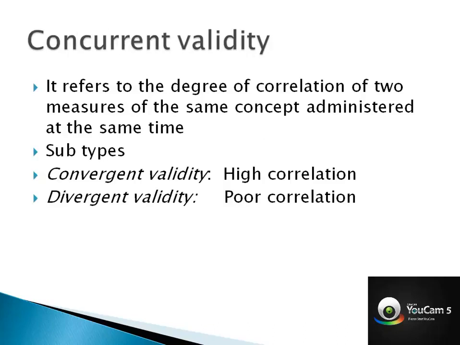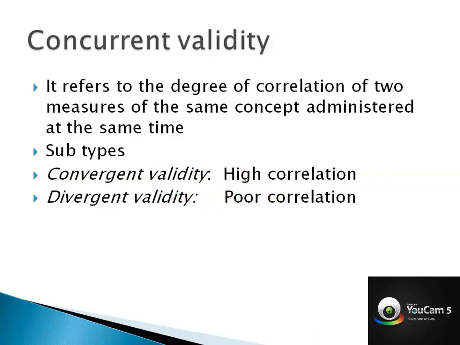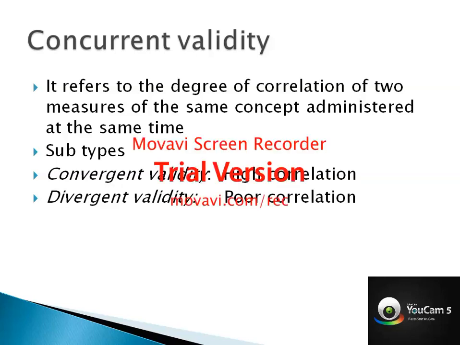Concurrent, you compare these two things which are happening at the same time of study. So it is of two types, convergent validity and divergent validity. When you correlate, if there is a high correlation, a high relationship, that is convergent validity. If it is a poor correlation, then it is divergent validity. If you understand these two, that is enough, don't go deeper.